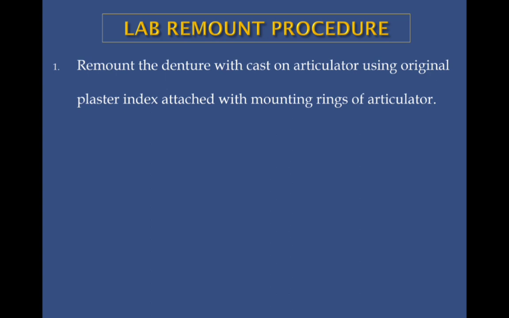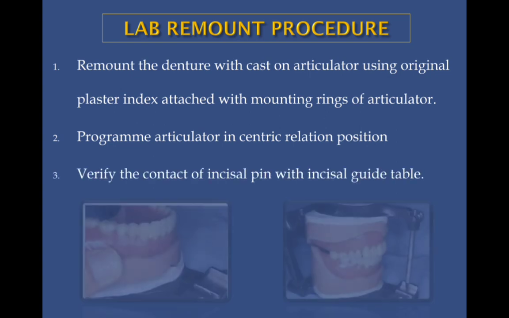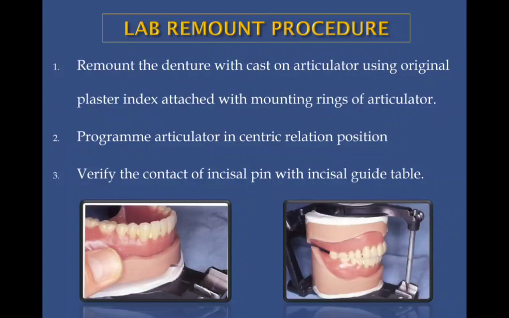This is done with the help of the previous mounting records which are there on the articulator, and with the help of sticky wax we are going to remount it. Then we program the articulator for centric relation position, and verify the contact of the incisal pin with the incisal guide table. Here you can see in the figures the previous mounting which is present.